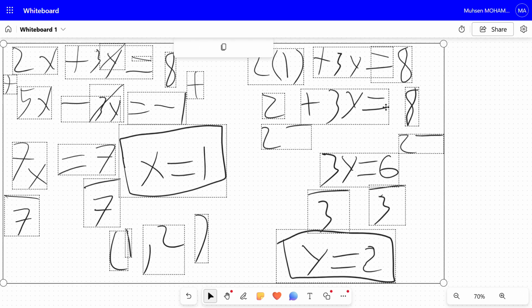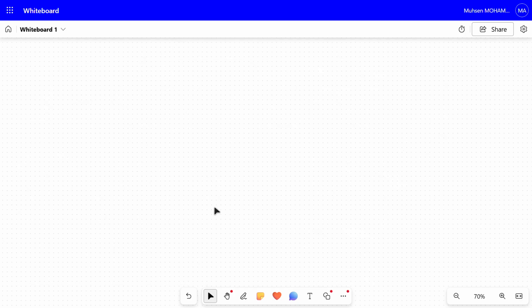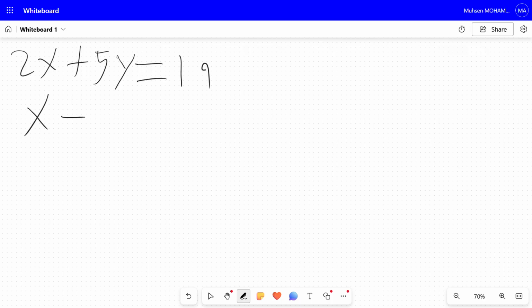Okay, but what if I didn't have similar variables on both sides? What can I do? How do I solve the system of equations? So for example, if I have 2x plus 5y is equal to 19, and if I had, for example, x minus 2y is equal to minus 4, what can I do in this situation to get the answer?